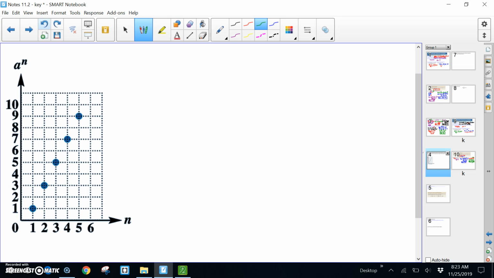But let's look at these dots. When x is 1, y is 1. When x is 2, y is 3. When x is 3, y is 5. x 4, y 7, x 5, y 9. And so you can definitely see a pattern.